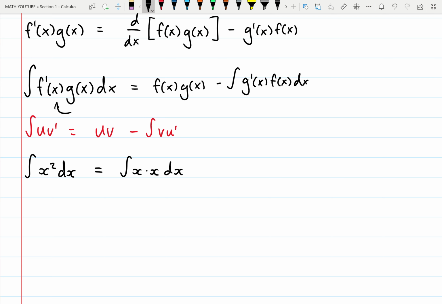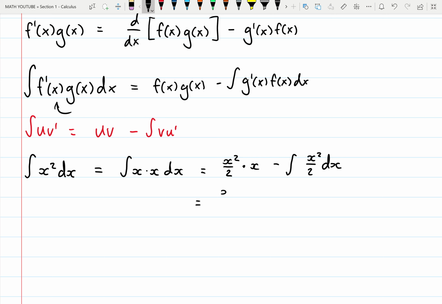So if we allow x to be f prime, well, that's the only choice we have, then f of x is going to be x squared over 2, and then we multiply by g of x, which is x, and then we subtract the integral of g prime, which is just 1, and then f of x, which is x squared over 2 dx.